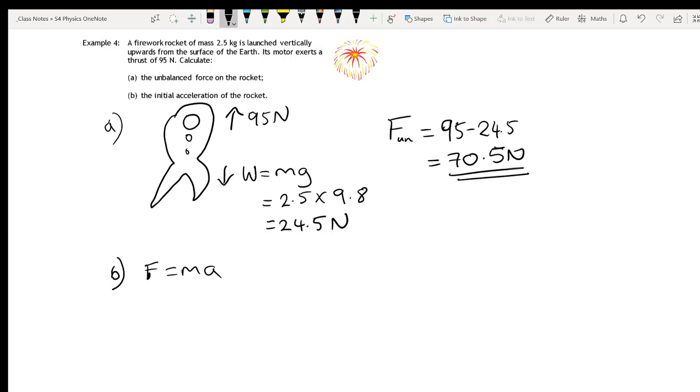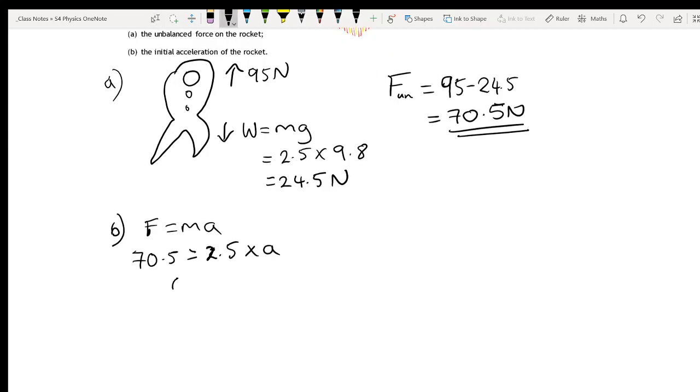So the unbalanced force, the mass, times by the acceleration. The acceleration is 70.5 divided by 2.5, which comes to 28.2 meters per second squared.